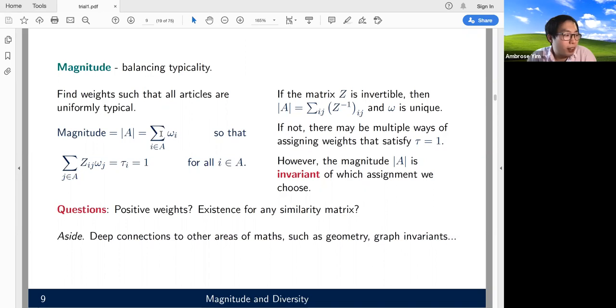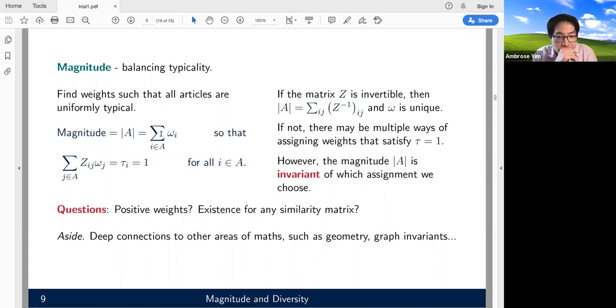And there are some geometric connections, such as if you play around with this object, you actually recover things such as curvature and surface areas and Euler magnitudes and interesting geometric objects. For a set of articles, these concepts of surface area are not defined, so we set those aside and just focus on discussing how to measure size.